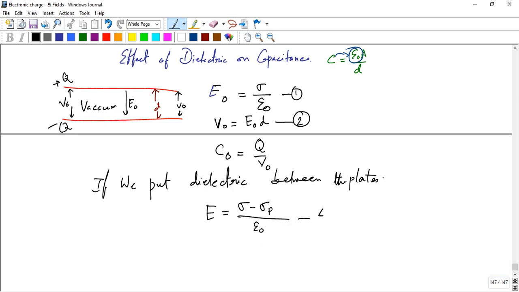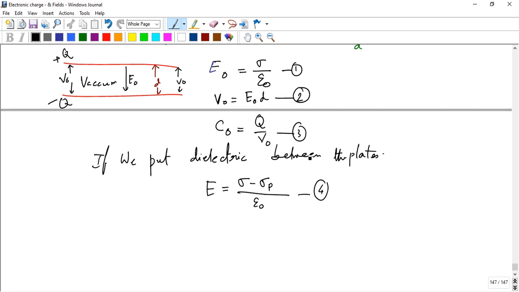That is equation number 3. Now the change in potential difference, V equals E times D, that is the basic formula. Now E is replaced by sigma minus sigma p over epsilon naught, times D. That is equation number 5.